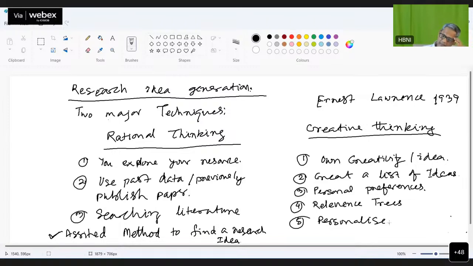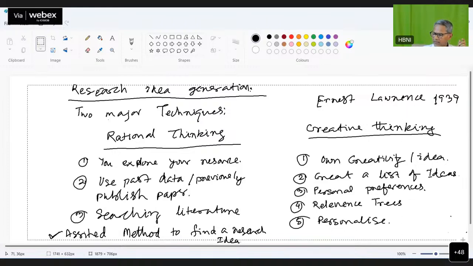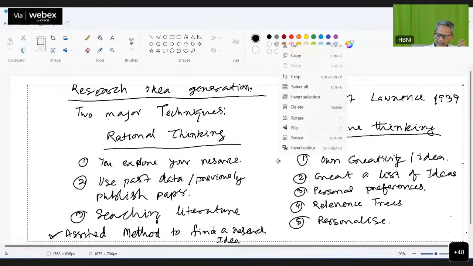You can generate an idea through creative thinking, or through rational thinking. Maybe in most cases we do our research topic selection through rational thinking.